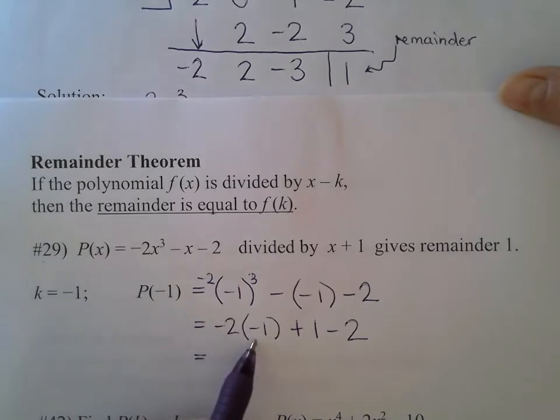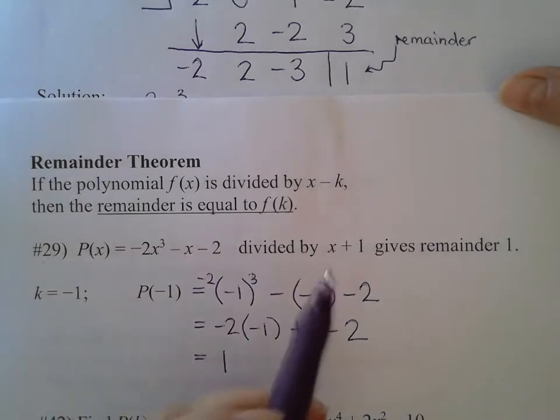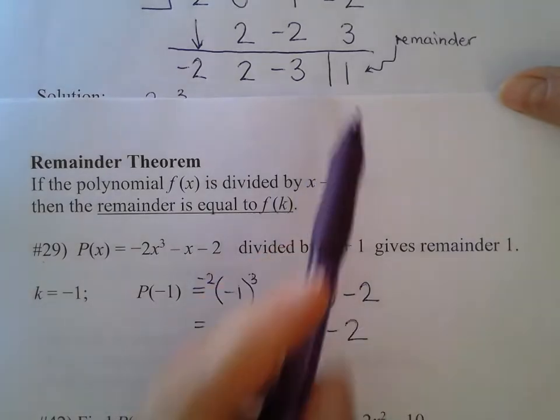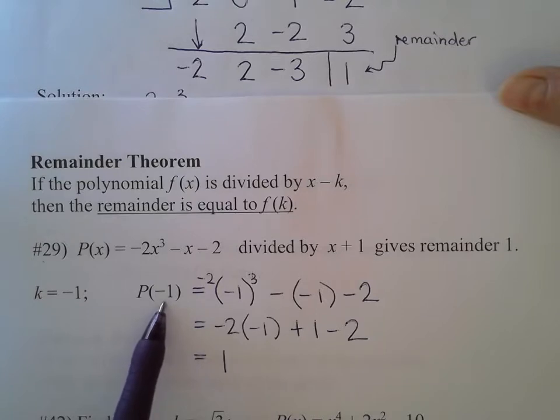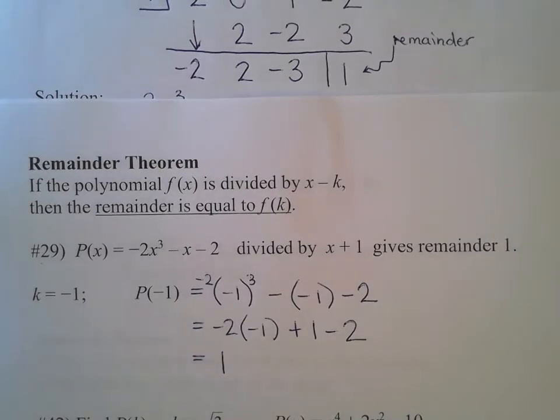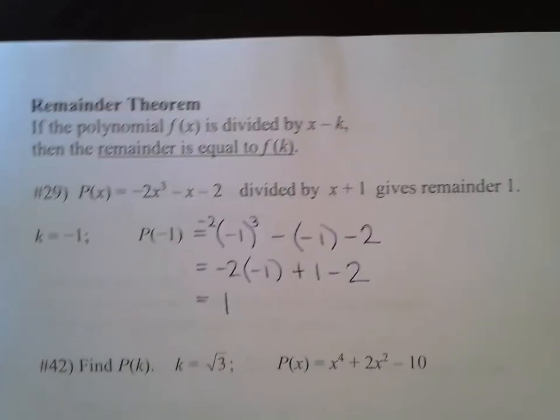So really this is 2, plus 1 is 3, minus 2 would be 1. And it works. We got a remainder of 1, and if we plugged in k, the value we got was 1. So if your function was really complicated and you didn't want to plug it in, you could use the synthetic division to find the value. Sometimes that's helpful, sometimes it's not. I think that's a little bit of preference there, but it's a tool you could use.